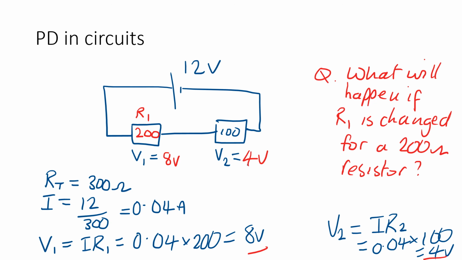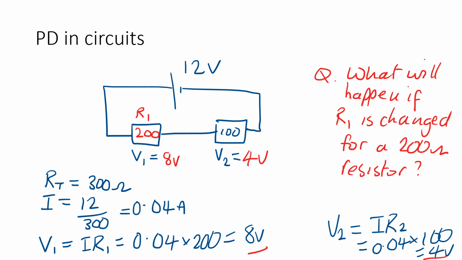So V1 equals I R1, which is 0.04 times 200, which is 8 volts, and V2 equals I R2, which is 0.04 times 100 ohms, which is 4 volts. And so we can see there that we've still fulfilled the rule where the sum of the potential drops has got to equal the EMF of the cell. So 8 plus 4 equals 12 volts.